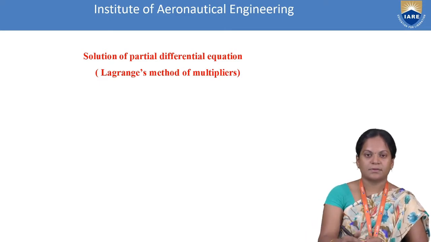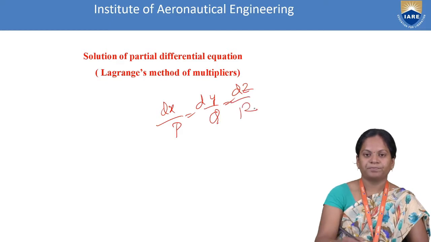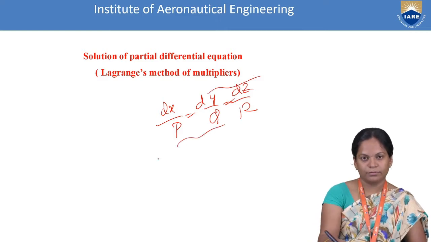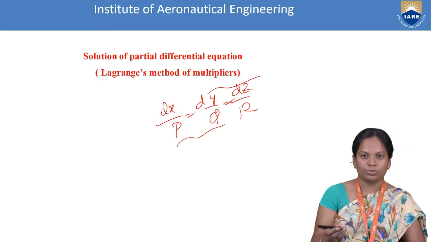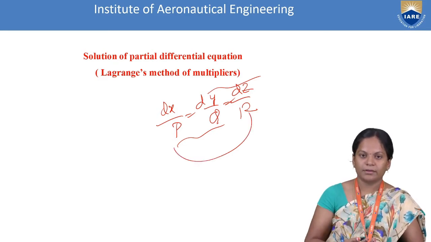What are the subsidiary or auxiliary equations? dx by P equal to dy by Q equal to dz by R. This is the subsidiary or auxiliary equation. From this we choose any two fractions, either 1, 2 or 2, 3 or 1, 3. By grouping, we find the solution.